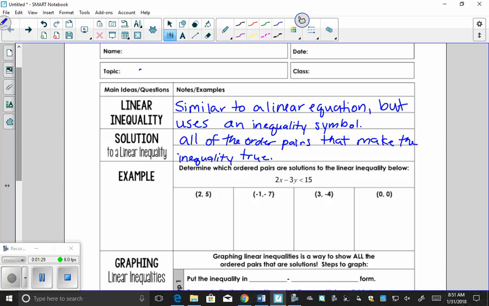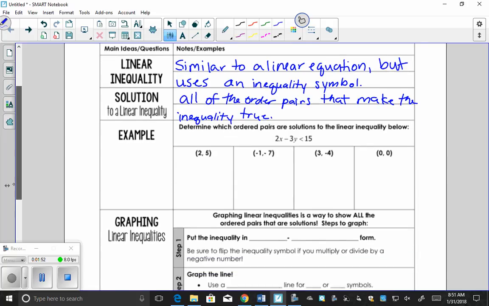Okay, so there's more than one answer to these inequalities. The way that we're going to talk about it is in the graphing aspect, and instead of writing every single ordered pair that works, because there's an infinite amount of ordered pairs that will work, we're just going to shade the region that applies. Okay, but let's look at an example.